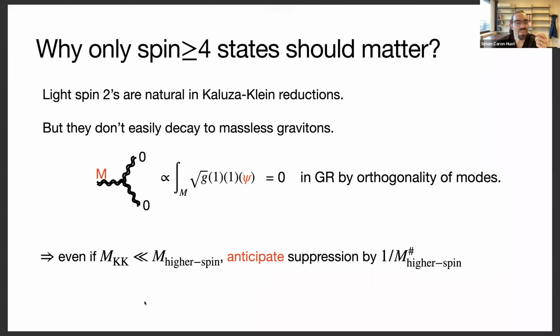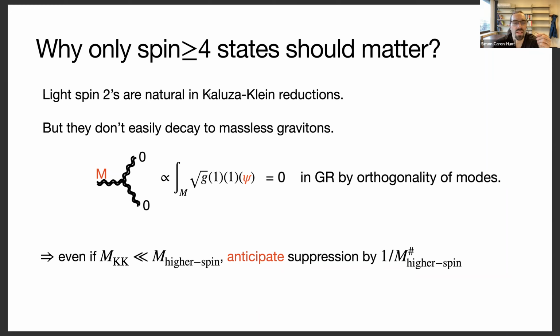Before I go to the main part of the talk, as I stressed that our cutoff will be the mass of higher spin particles, let me explain why KK modes don't matter. It's very natural to have light spin 2 particles, for example, if you have a Kaluza-Klein reduction at some large radius.